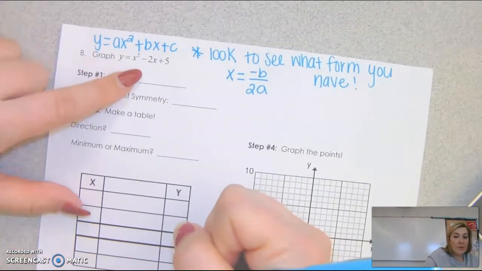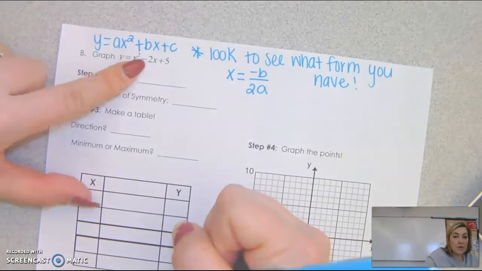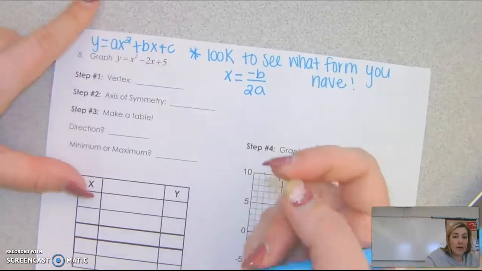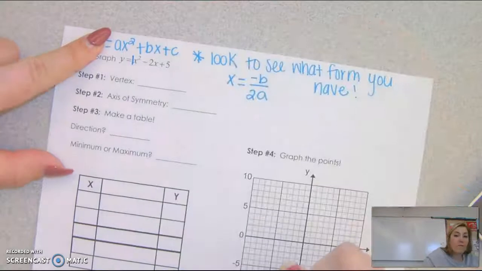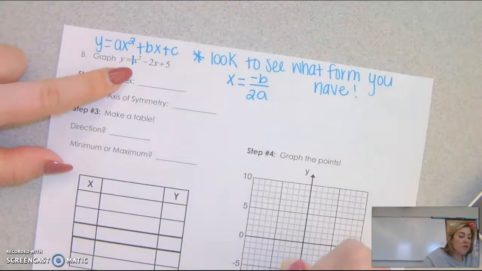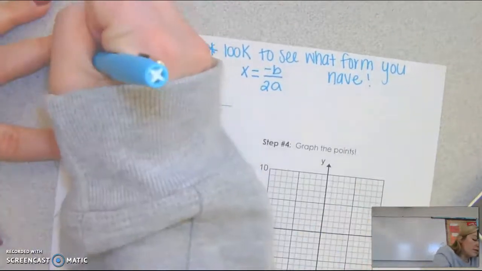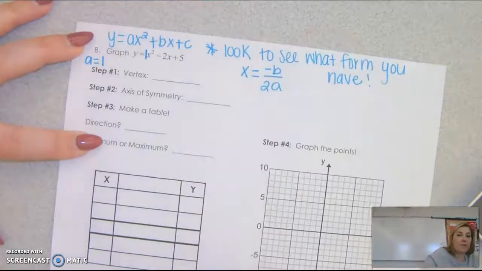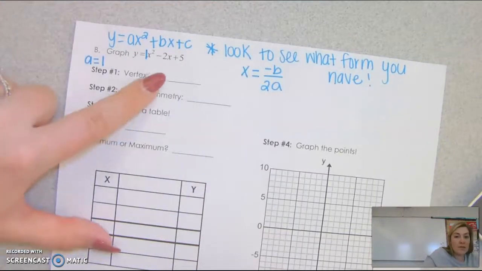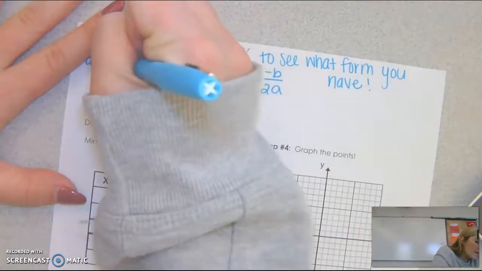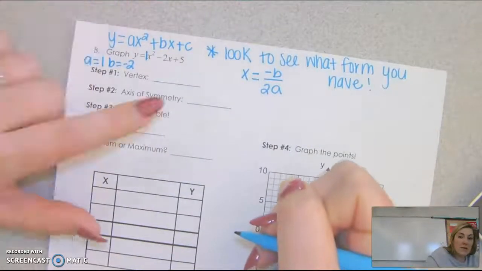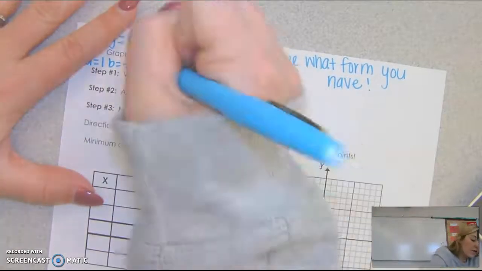So the first thing I'm going to do is use these numbers and identify my a, b, and c. So my a is the number in front of x squared. If there's nothing there, that means it's a 1. So my a is 1. My b is the number in front of x. So my b is -2. And then my c is that very last number.